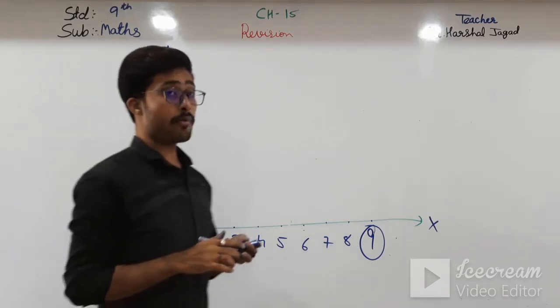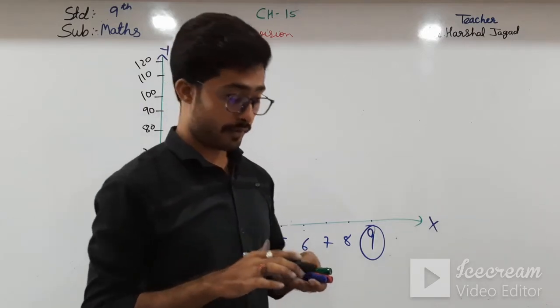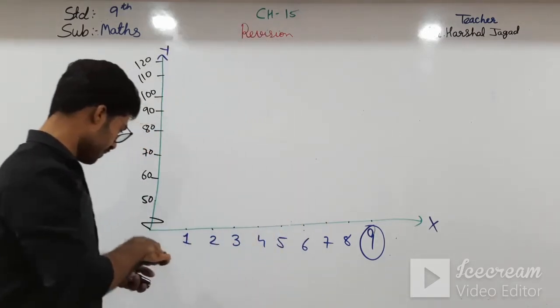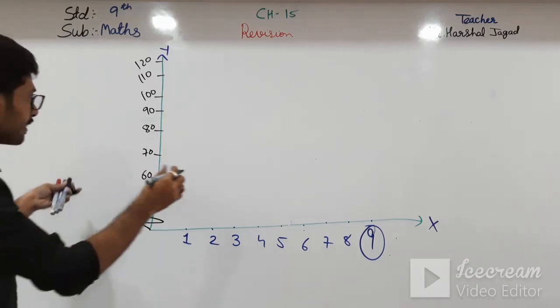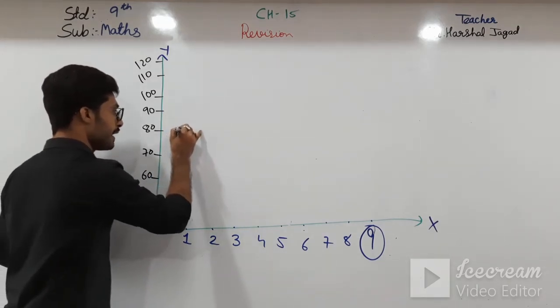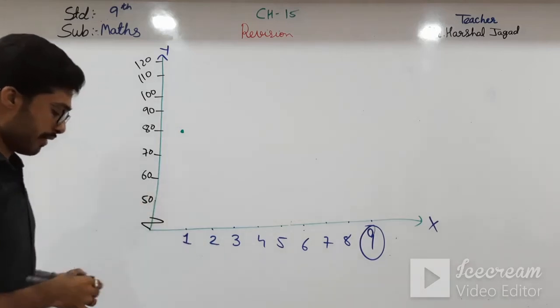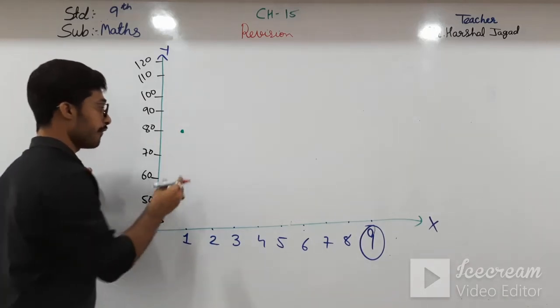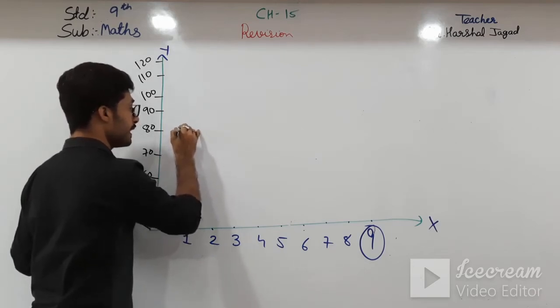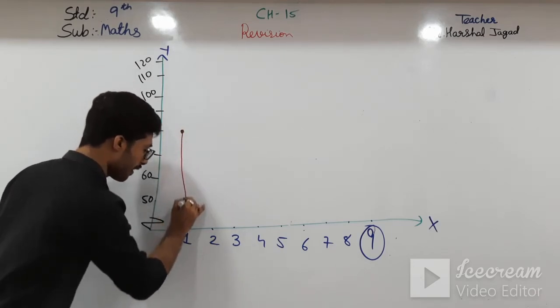So the average speed of the first rider, I don't know which is the first rider, the average speed of the first rider is 80 km per hour.